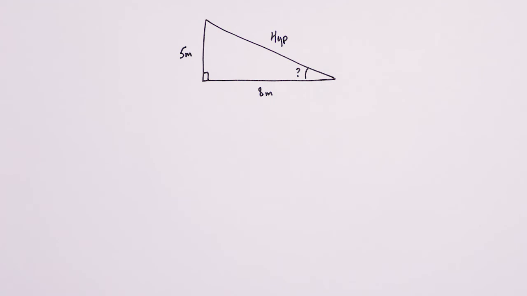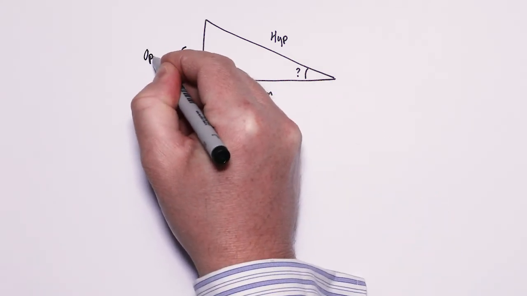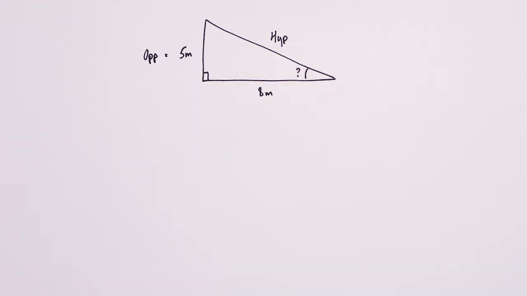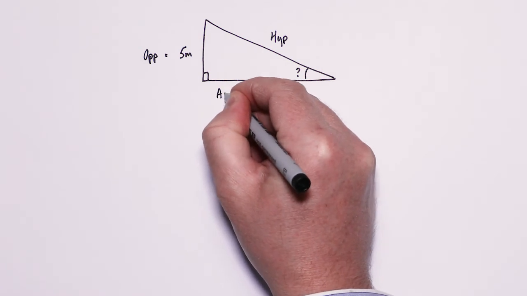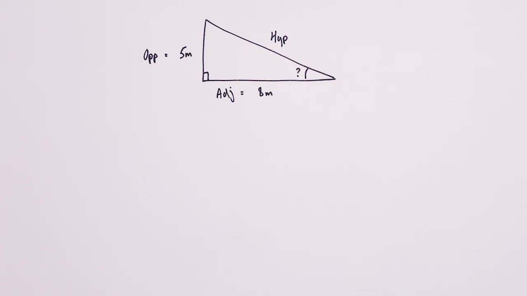How do we do that? Well, first we've got to label the opposite and adjacent. Here's the angle, therefore this must be the opposite, and the opposite equals 5 meters. The only side left over must be the adjacent. The adjacent is 8 meters.